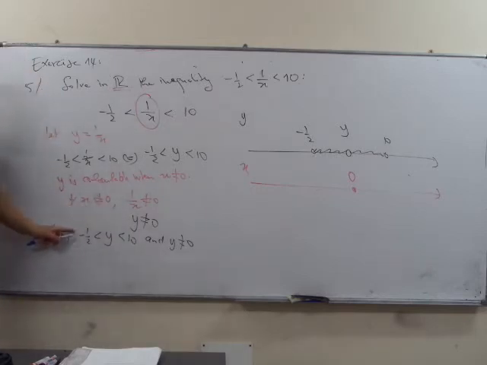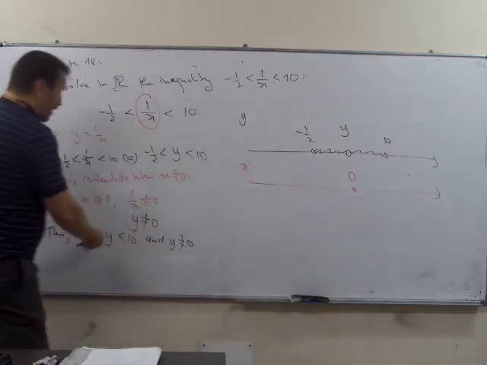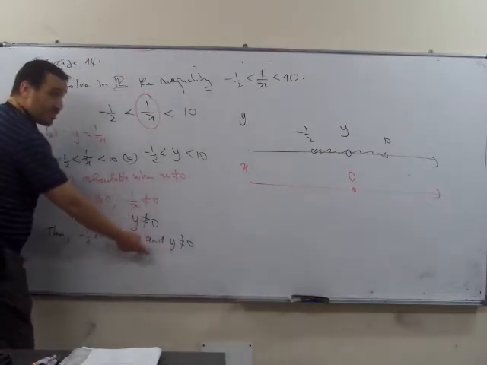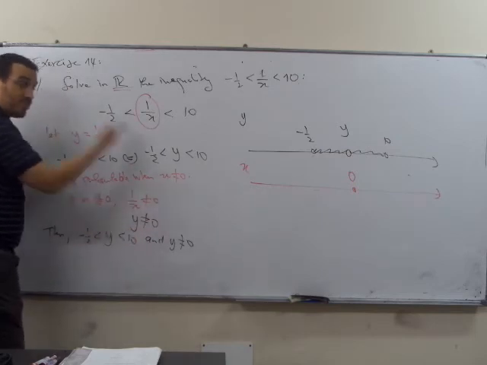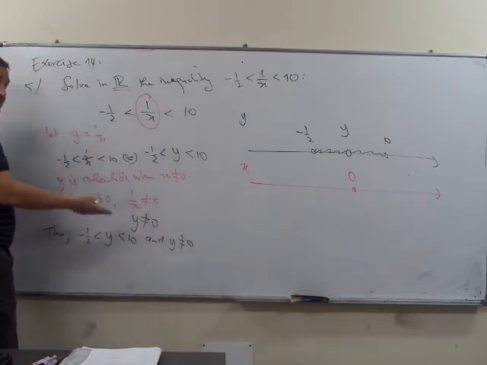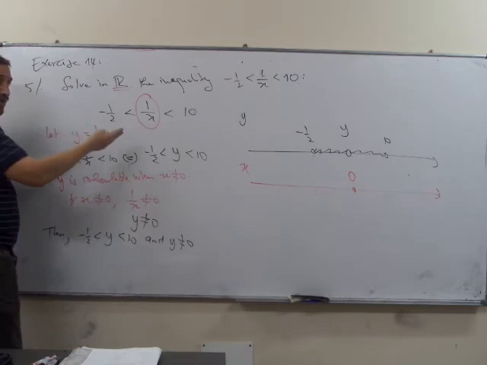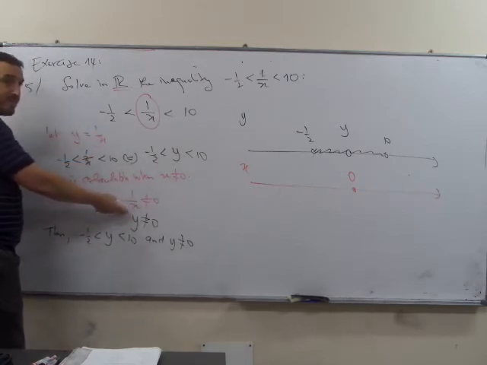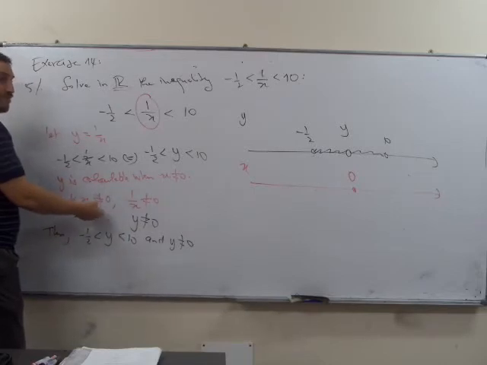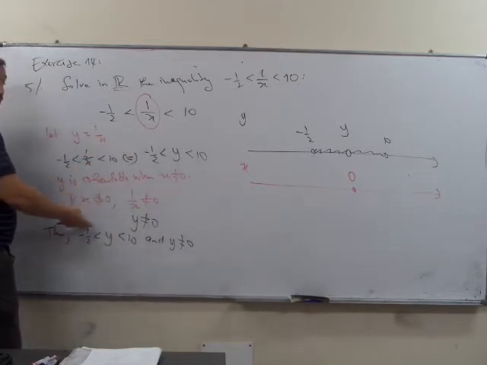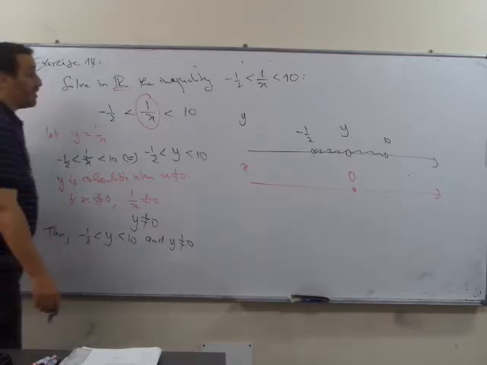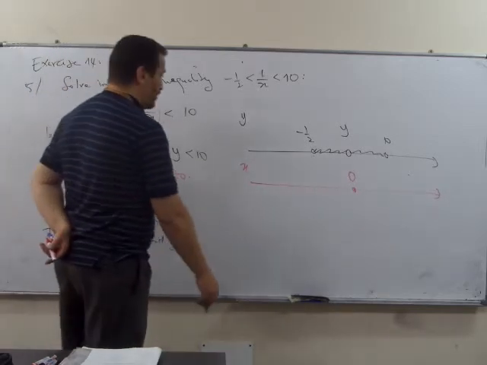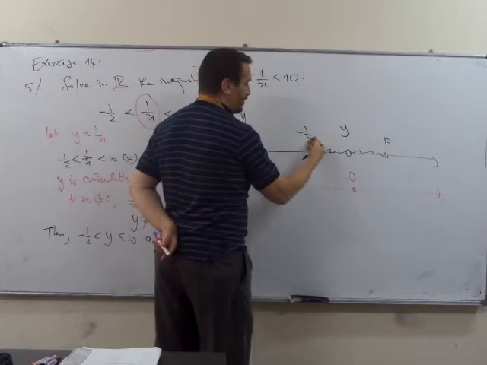Since now I'm adding this condition, I'm reducing it. It's not in the question, it's me doing some work to find it, reading it and understanding what I have. I know my inverse function and its properties. I know for any x different of 0, my inverse function is never equal to 0. Then my problem here, y is between negative half and 10.